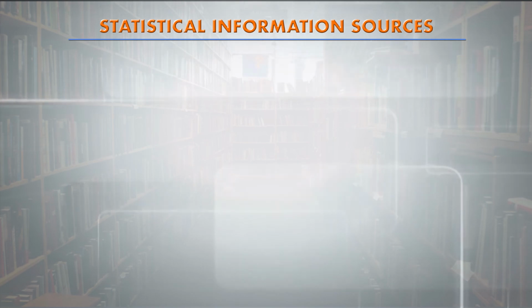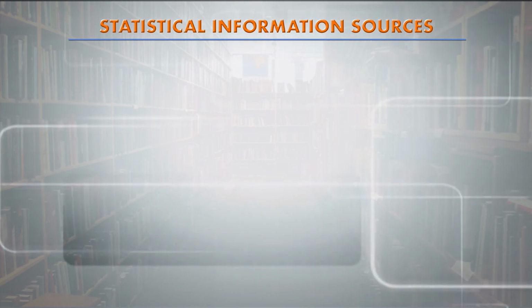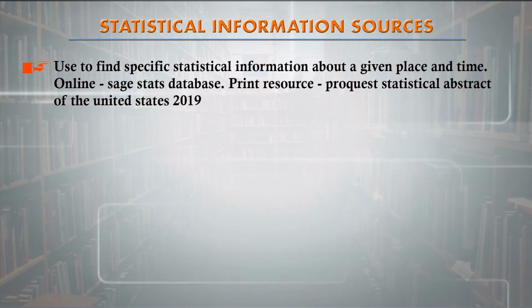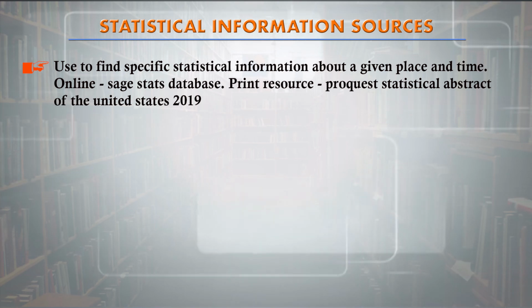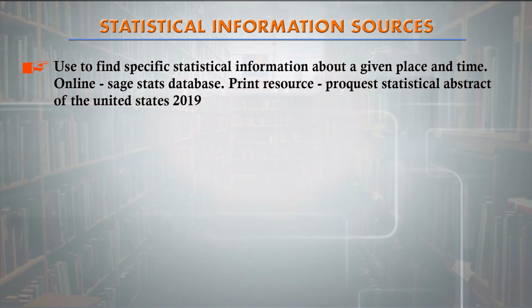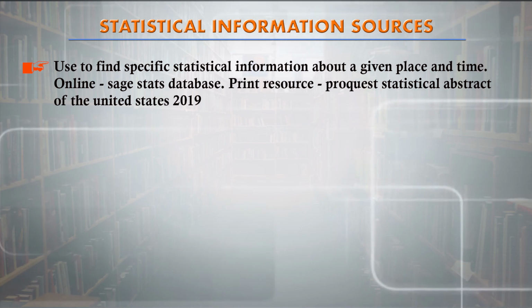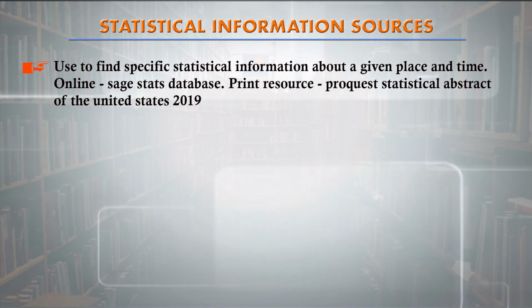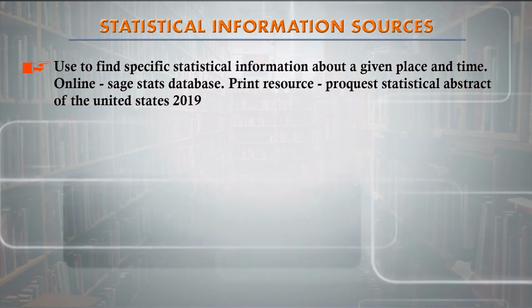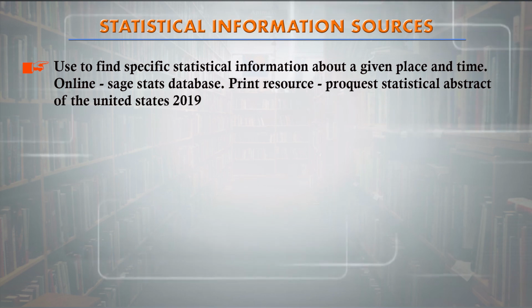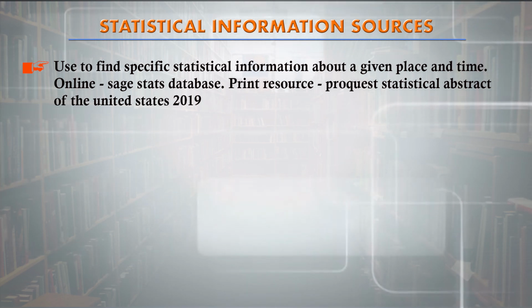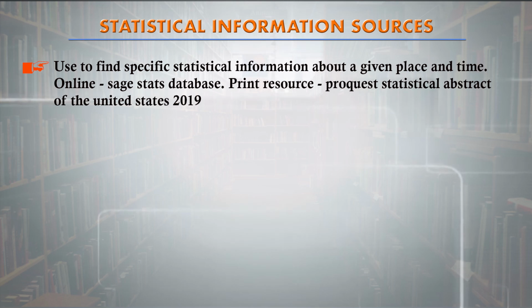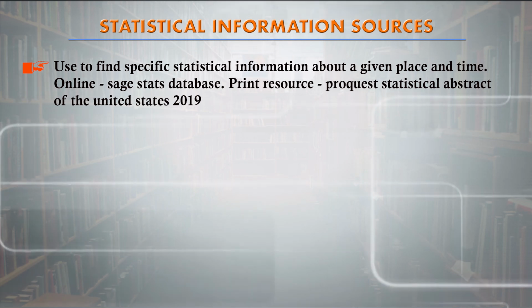Then statistical sources are also there. These statistical sources give information about places, statistics, facts and figures, like National Statistical Sources, Monthly Abstract of Statistics, and International Statistical Sources like the United Nations Statistical Yearbook.